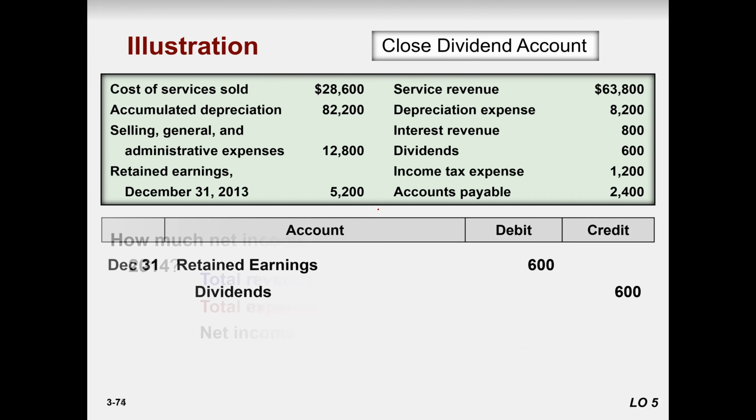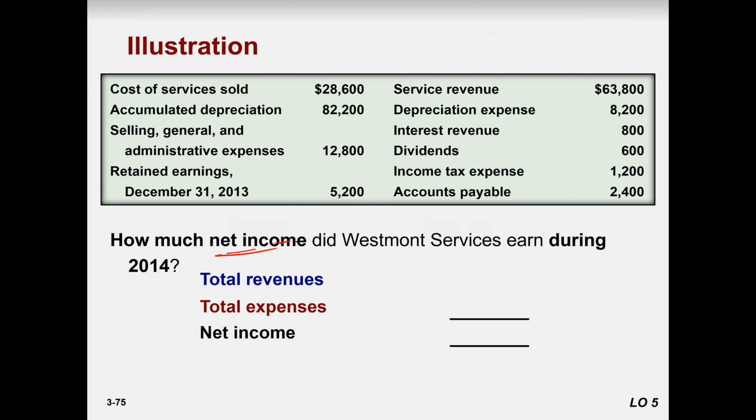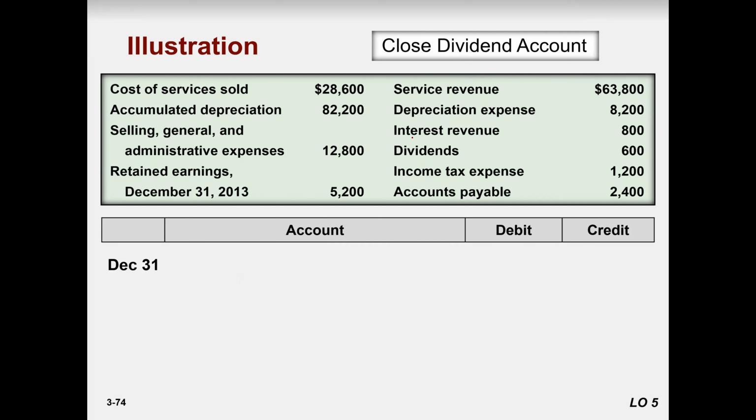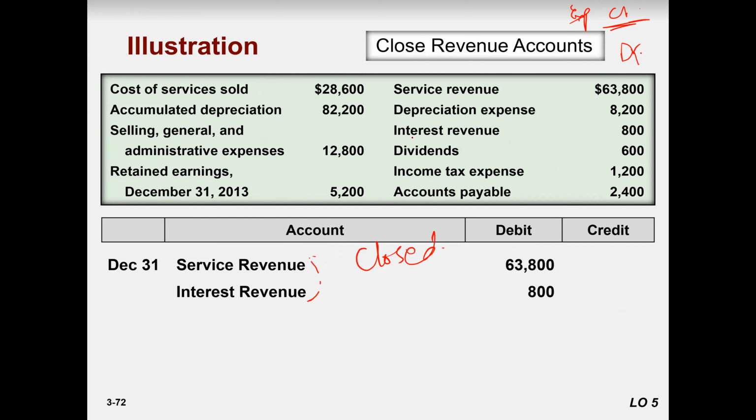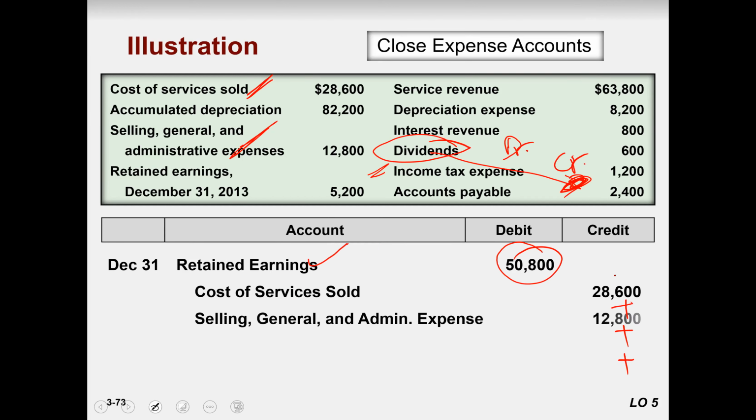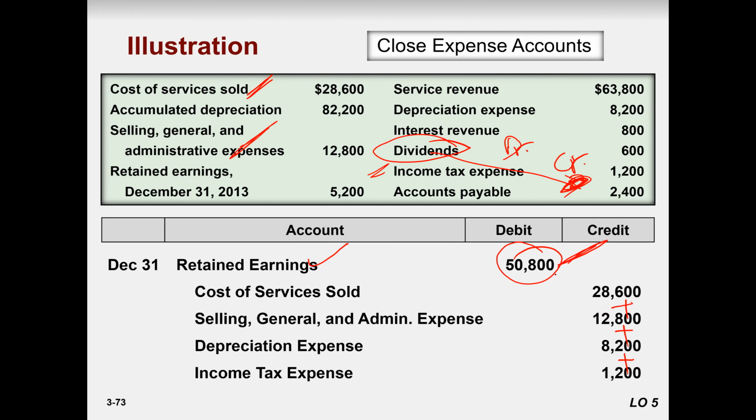All right. So now can you calculate the net income from here? Yes. All the revenue minus all the expense. So total revenue, as we calculated from here, is going to be 64,600 and all the expense is going to be 50,800.